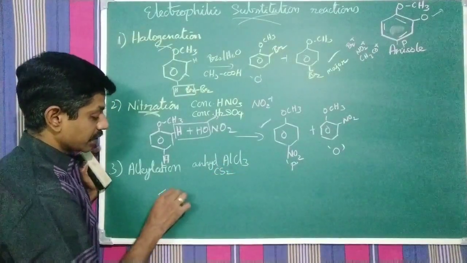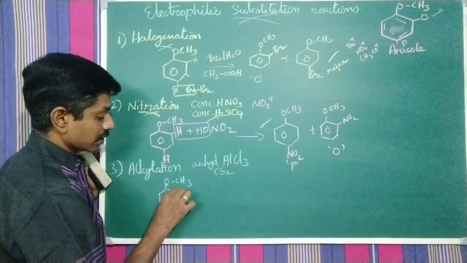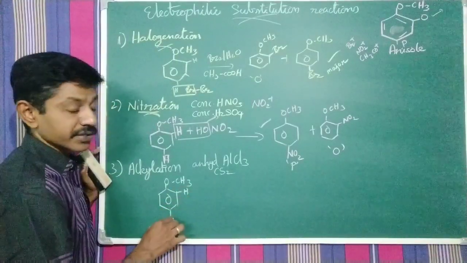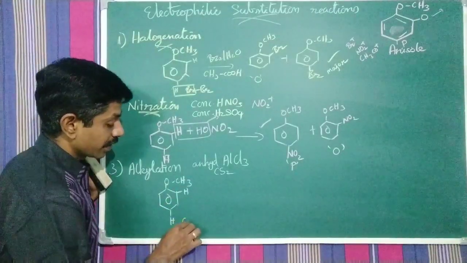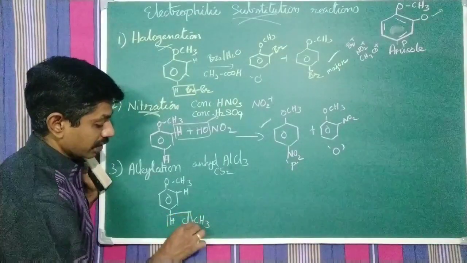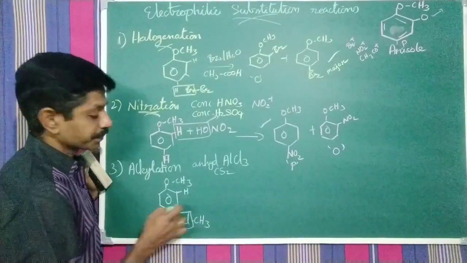If you take anisole, that anisole's ortho position hydrogen and para position hydrogen will be our target. I am going to add CH3Cl, then HCl will be removed and a methyl group gets added here.